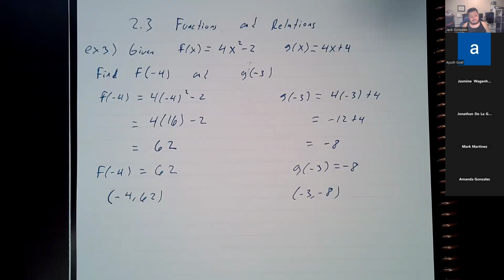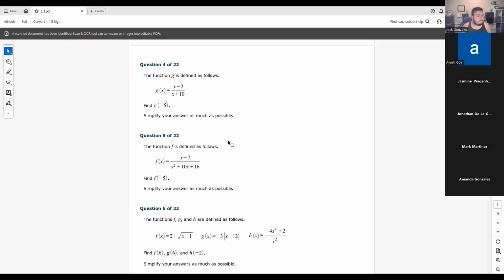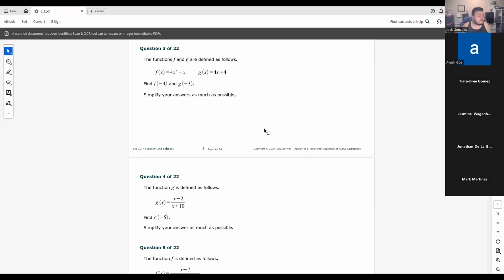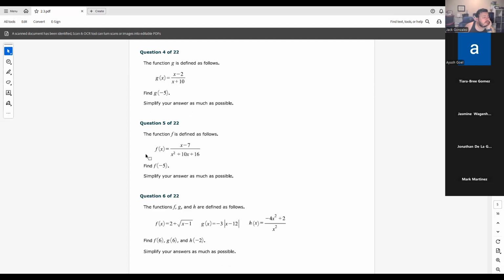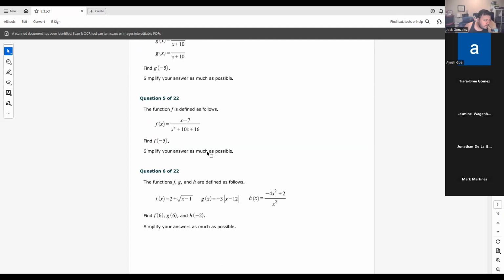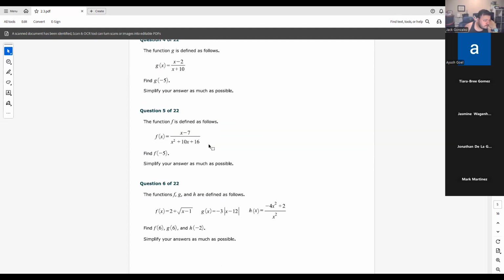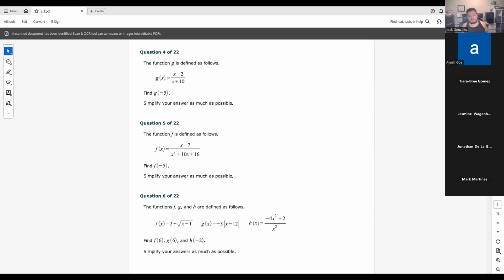Let me show you, but I'm going to skip some of them. You can do one though if you like. So check it out. They give me a g function, they're telling me plug in negative 5, see what happens. Number 5, give me an f function, plug in negative 5 into the x's, see what happens. Would you like to do any of these? 4, 5, or 6? It's the same as 3, but I don't mind doing another example.